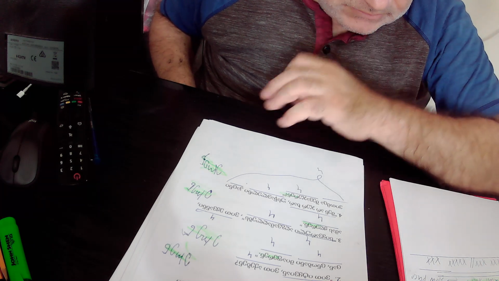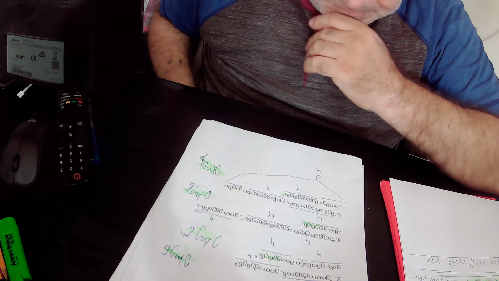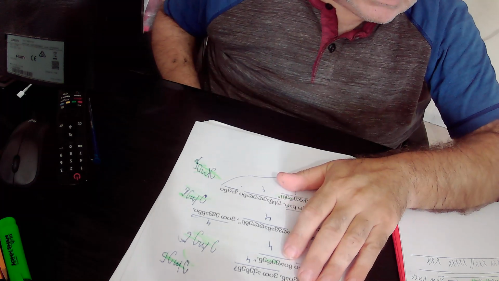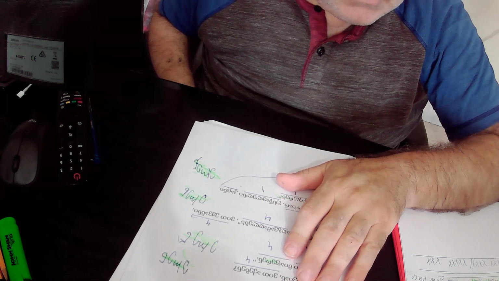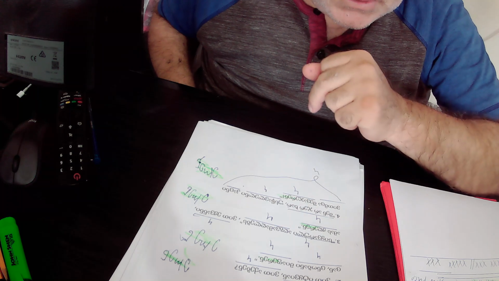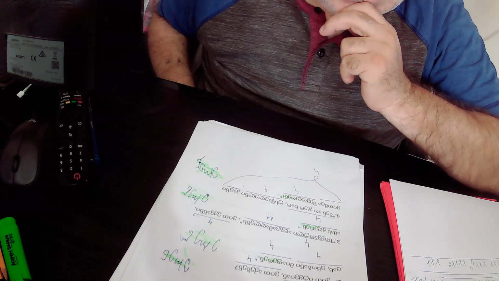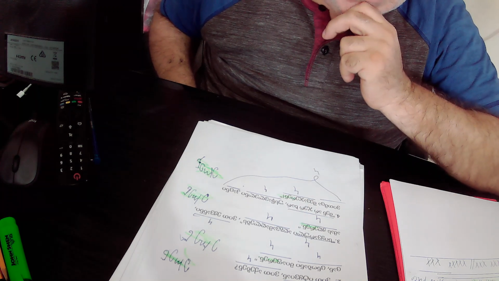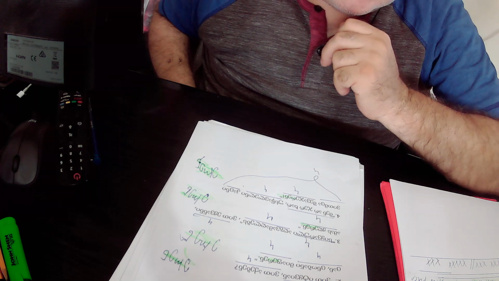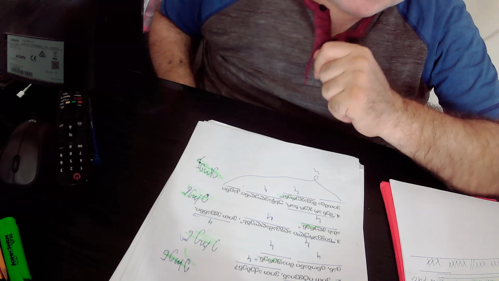So, in conclusion, we can say that the structure of the 16 syllables in line number 1 is 4 plus 4 plus 4 plus 4. And the rhyming is on the last 2 syllables of the last word in each line.